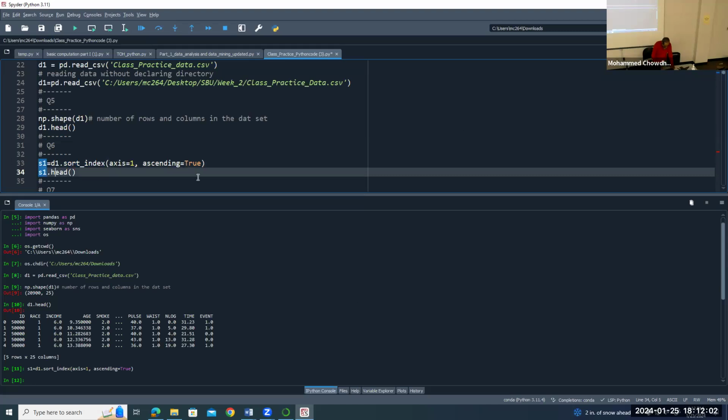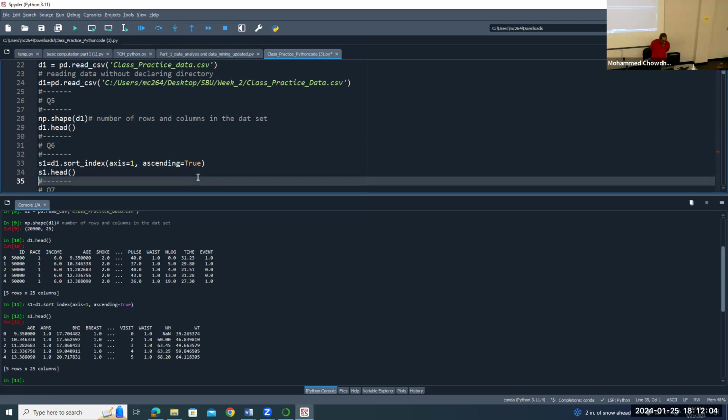Now, if you check these things, see, everything is in alphabetical order. The top one, corresponding to input 10, if you take a look, ID, race, income, age, this format it is coming. On the other hand, input number 12, age, arms, BMI, everything is coming now in alphabetical order.